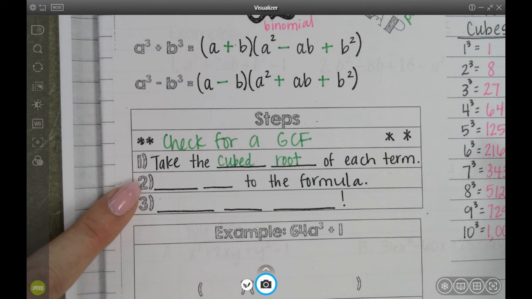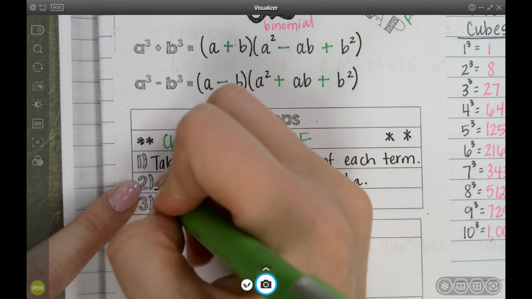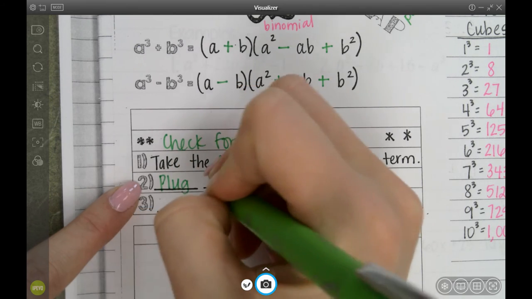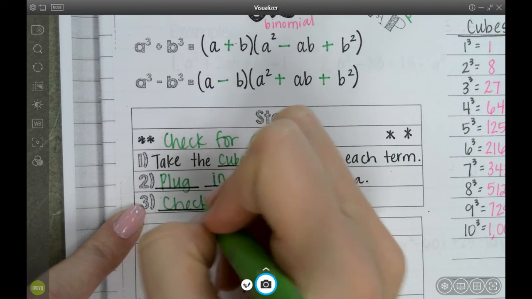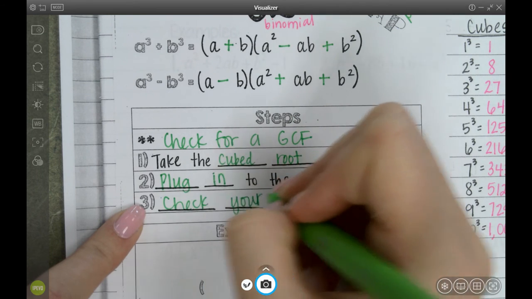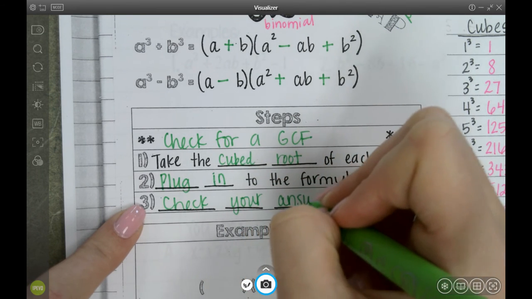You're going to plug all the things into the formula. And lastly, check your answer.